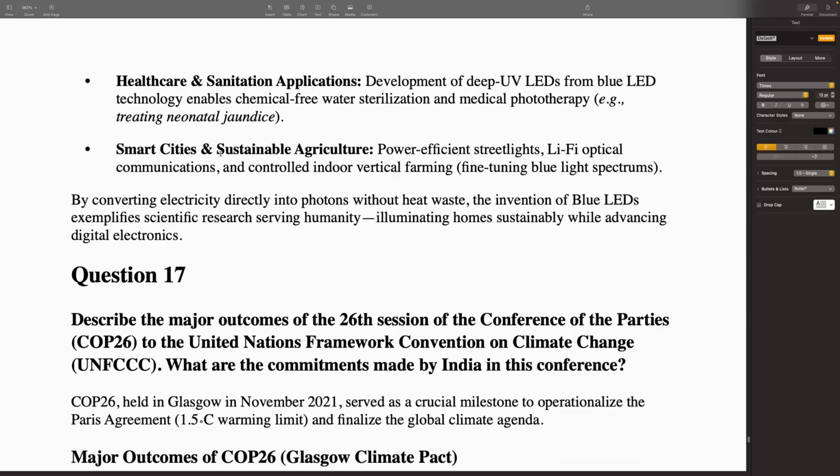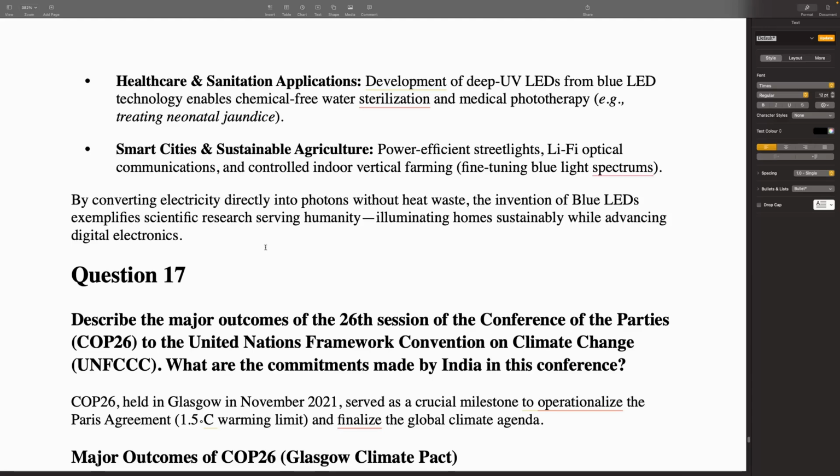Anyway, healthcare and sanitation applications. Development of deep UV LEDs from the blue LED technology enables chemical-free water sterilization and medical phototherapy. Example, treating neonatal jaundice. Smart cities and sustainable agriculture.